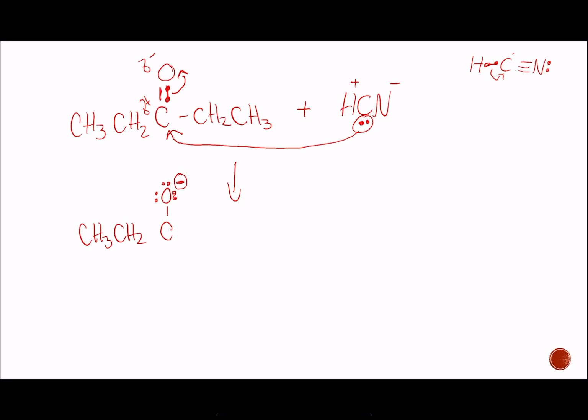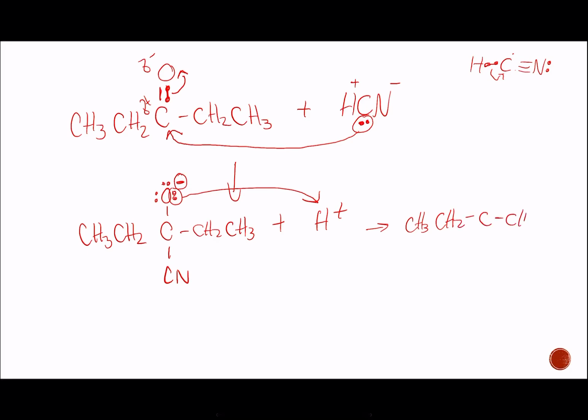It's now fully negative because you've added an electron. You've got your CN that you've just attached. You've got CH2, CH3, and then you've got H plus all alone by itself. And so then all that happens is these 2 electrons come in, grab this hydrogen, and you end up with your final product. CH3, CH2, C, CH2, CH3, OH, CN.